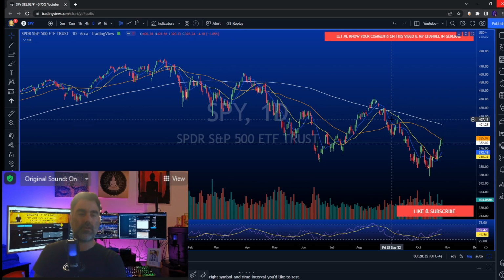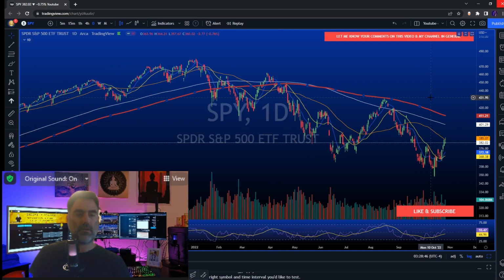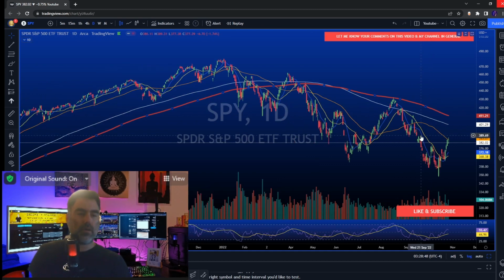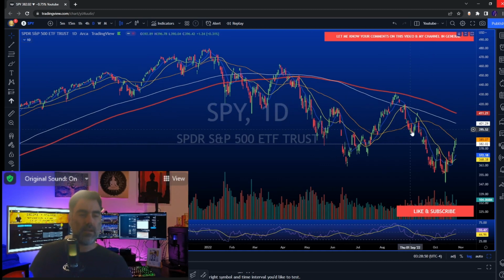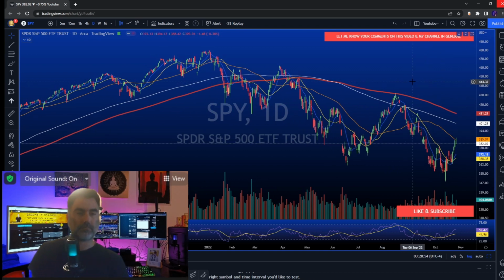Let's check. For example, we have the 8, the 20, the 50, the 150, and we'll put also the 200 just above here. So let's take a look at the 8 EMA or MA, doesn't really matter for this example.